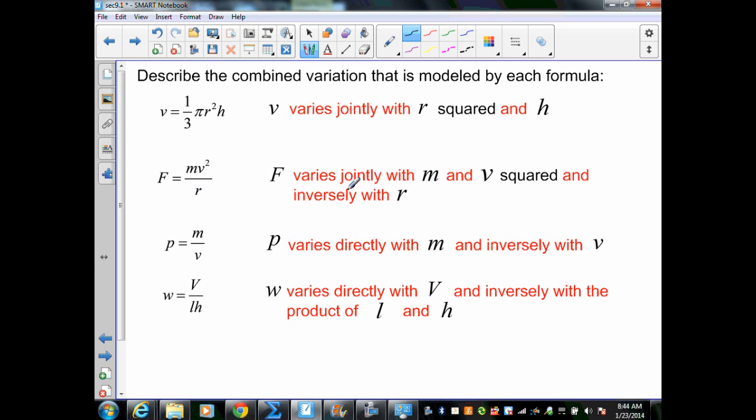F varies jointly with m and v squared, but inversely with r. P equals m over v. P varies directly with m and inversely with v. And W equals V over LH. W varies directly with V and inversely with the product of L and H.